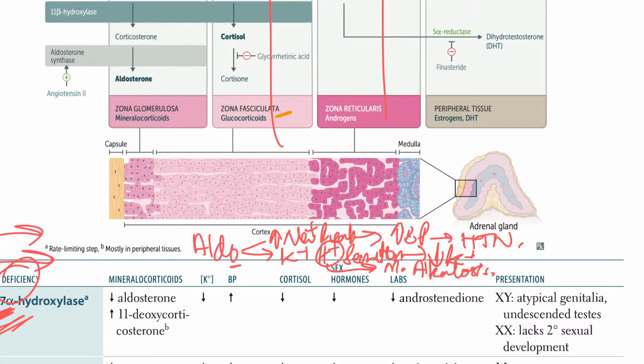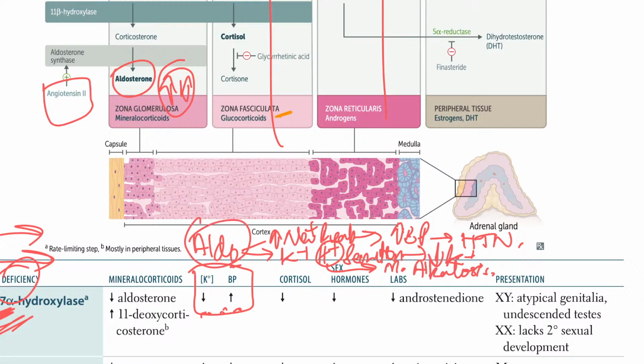But maybe because for aldosterone, we need angiotensin 2 to work and form aldosterone. Essentially if you look at the rest of things, it's just the high level of aldosterone, which is low potassium, increase in blood pressure, right?